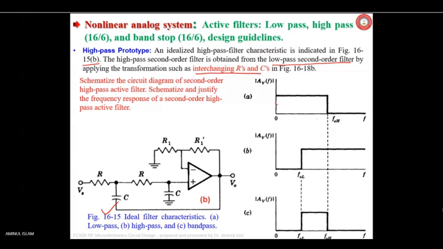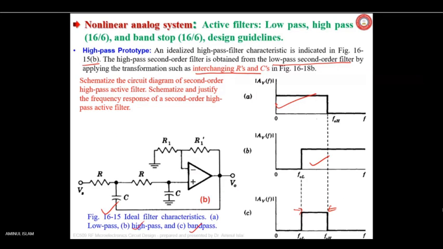These are ideal filter characteristics: A is low pass, B is high pass, and C is band pass, where a particular band is allowed.